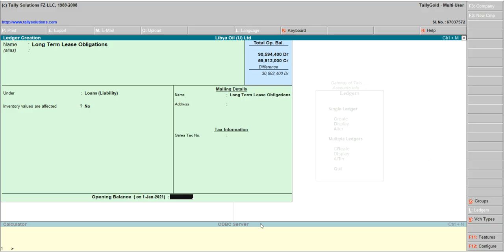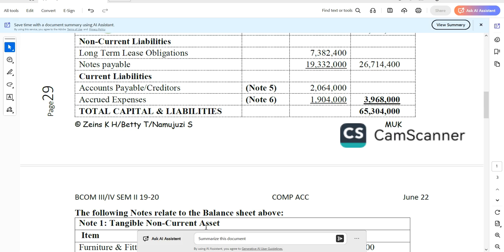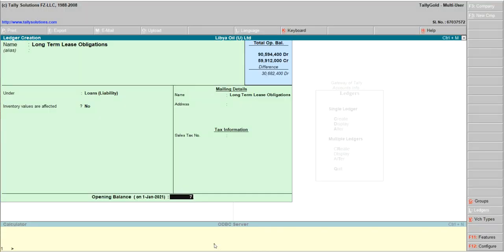How much is the opening balance? These obligations are 7,382,400. Credit. These are liabilities.